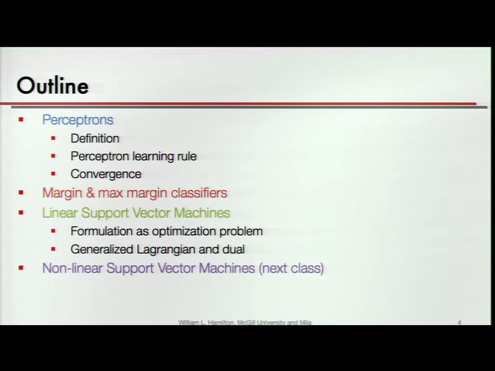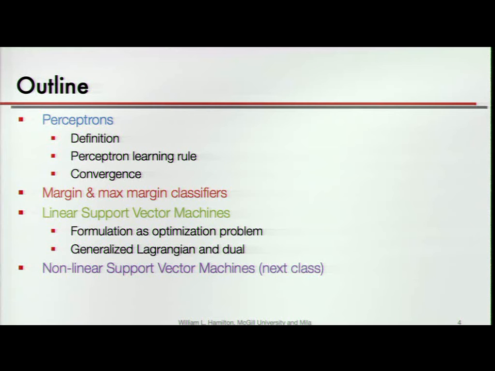And just to give a quick outline, because this is going to be a bit of a two-parter, we're going to start this lecture on support vector machines today, and we'll continue on Thursday on support vector machines. So today we're going to talk about first what are called perceptrons. This is an interesting thing. We're going to go back to first principles, a really simple linear model for classification, and we're going to derive it in a slightly different way than we did for linear regression or logistic regression.